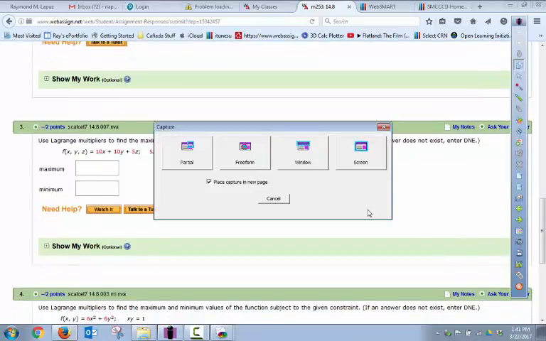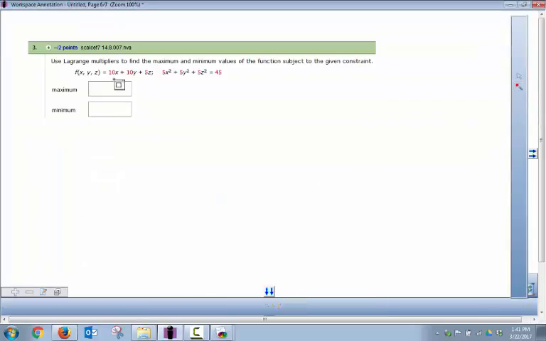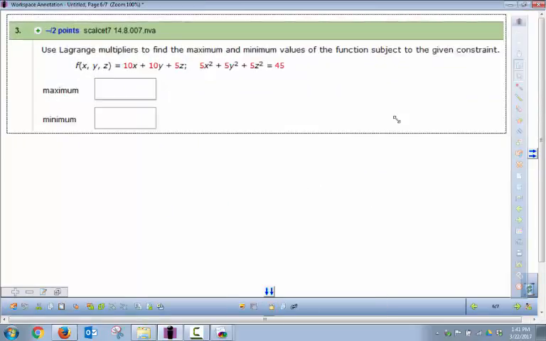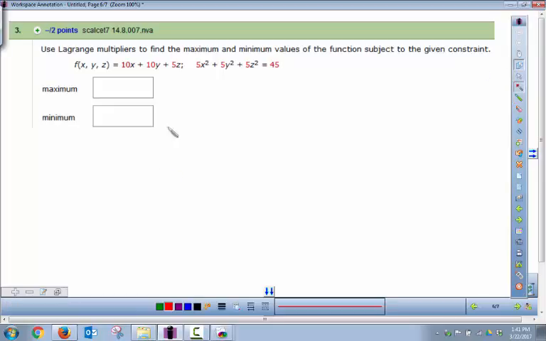This might be one of those cases where you might be asked to do some weird manipulation in solving for the x, y, and z. So let's, maybe not. Let's take a look at this.